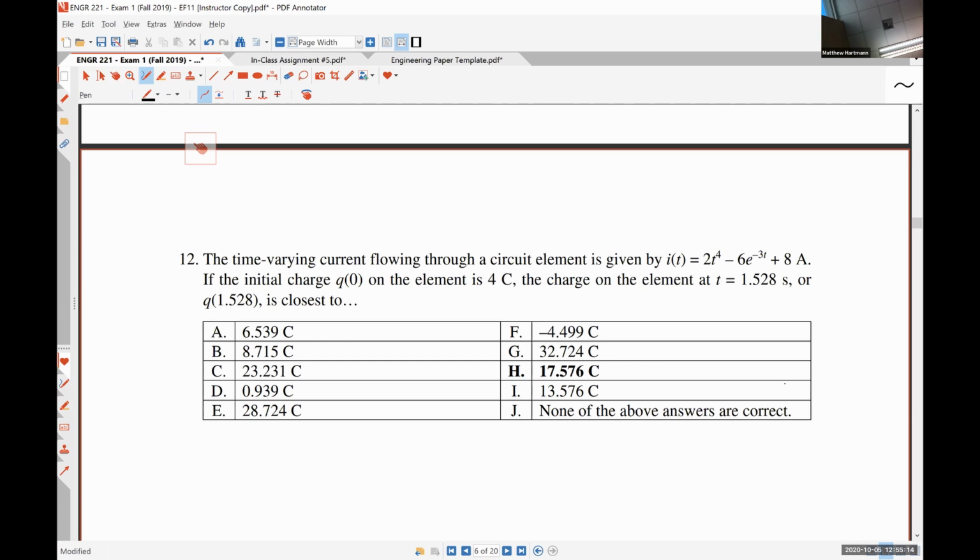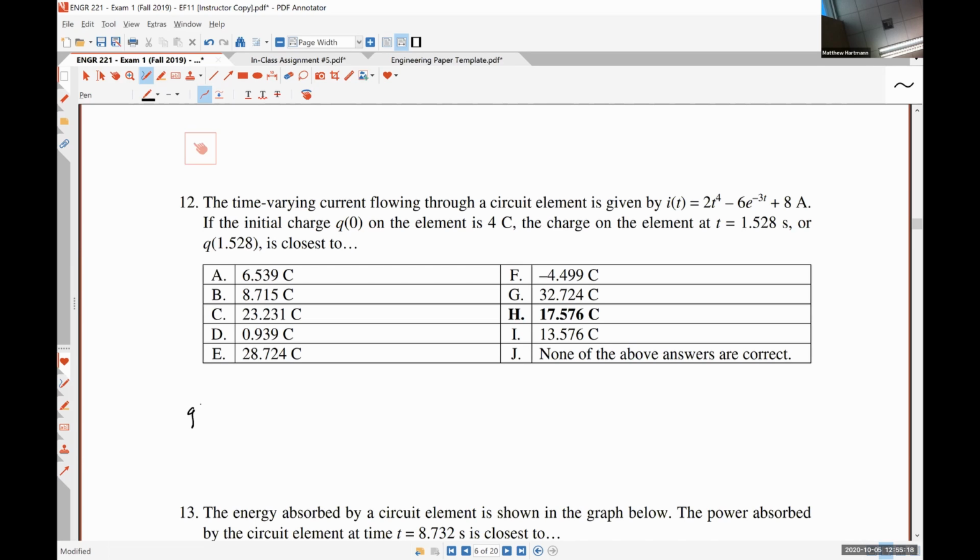All right, so charge as a function of time, that looks like a q, not a G, excuse me, is the integral from some point in time where we know what the charge is to some later point in time of the current with respect to t prime, dt prime, where these t primes are simply dummy variables.